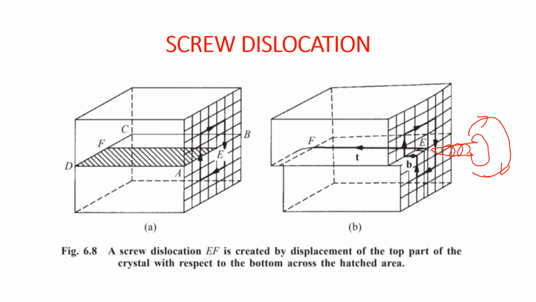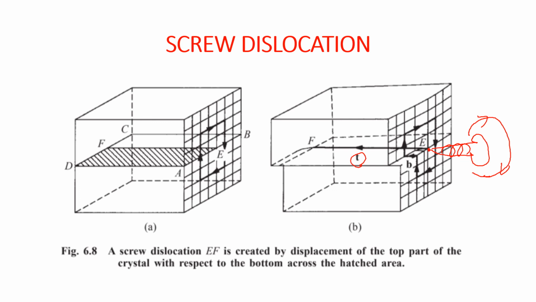Once again, keep the tip of a right hand screw at the start of the dislocation line and rotate the screw clockwise. If the tip of the screw is moving along the direction of the T vector, then the Burgers circuit has to be drawn in the clockwise sense.